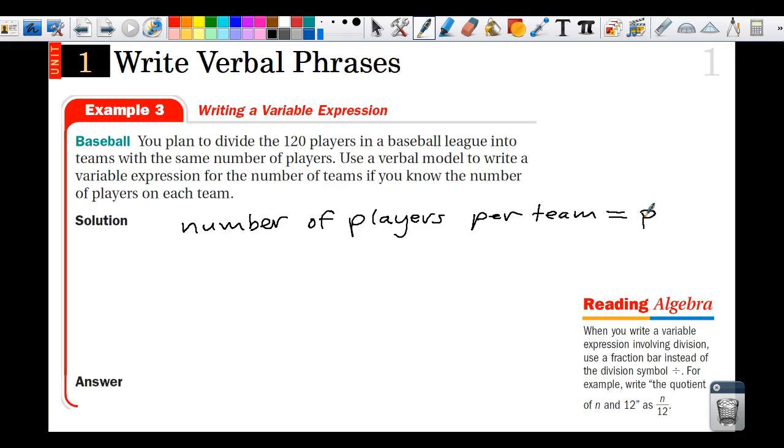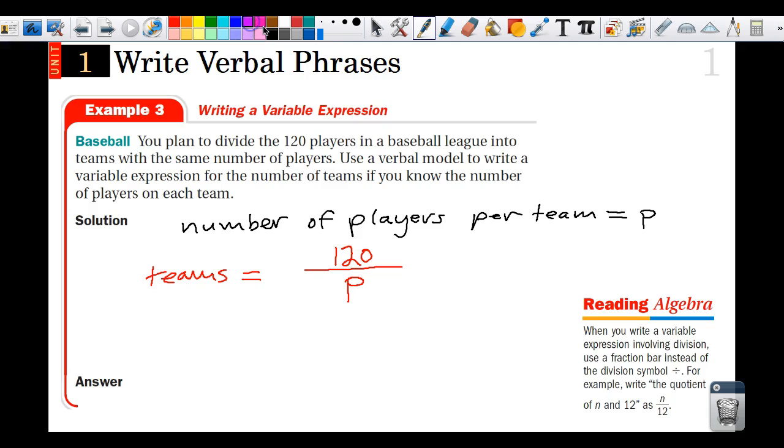So that's going to be our value P. Well, in order to figure out how many teams there are, that would be equal to however many players we have divided by how many players are on a team. So my variable expression would be 120 divided by the number of players per team.